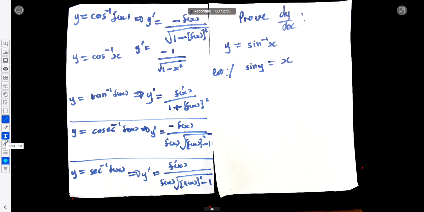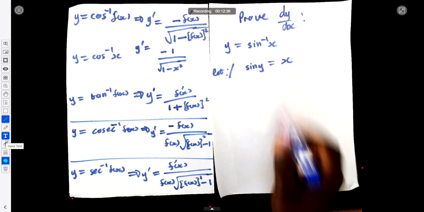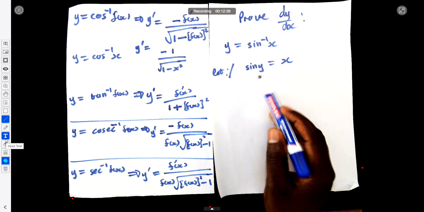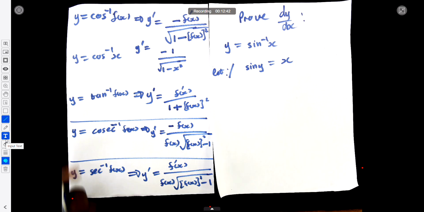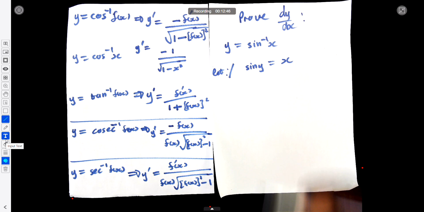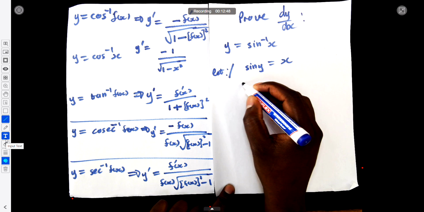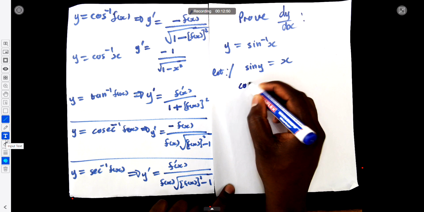Now we need to differentiate implicitly in terms of x, because y is inside the trigonometric function. We differentiate sine y and get cos y.